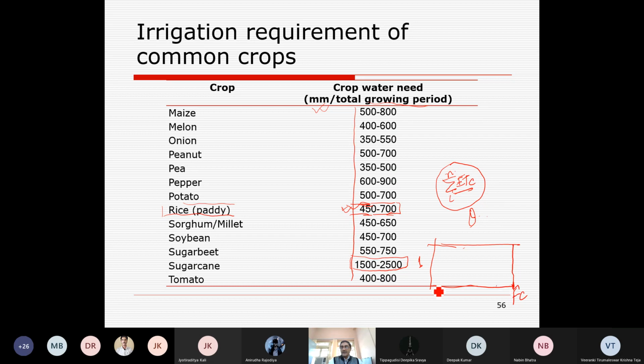And when soil moisture content is reduced to the permanent wilting point, somewhere here, yield is not a linear function of soil moisture, but it goes something like this. It will be constant, then it will reduce slowly, and then it will decline very fast like this. So up to somewhere here there is no substantial loss of yield.